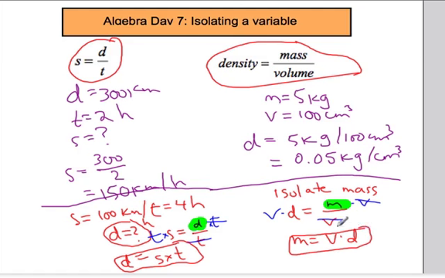Now this may seem trivial, it may seem abstract, we're just moving symbols around, but when you get to work with a lot of formulae, being able to isolate very quickly for what you need and then substitute the values is actually a very, very important skill.